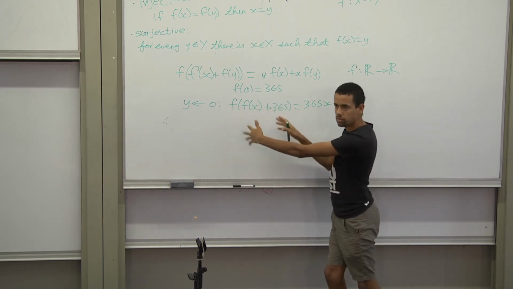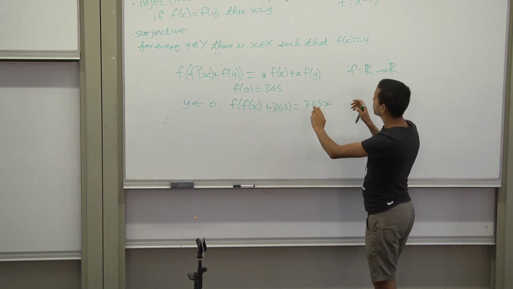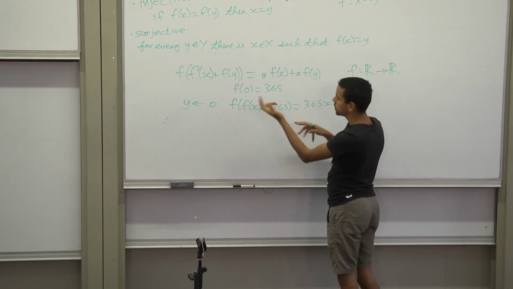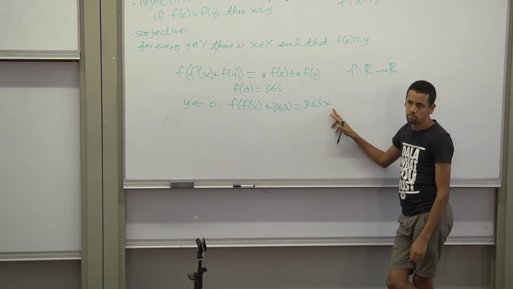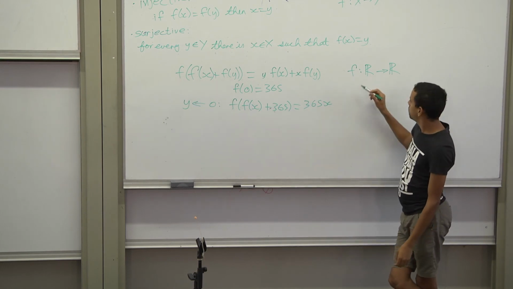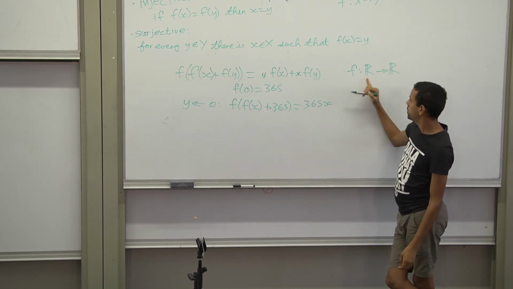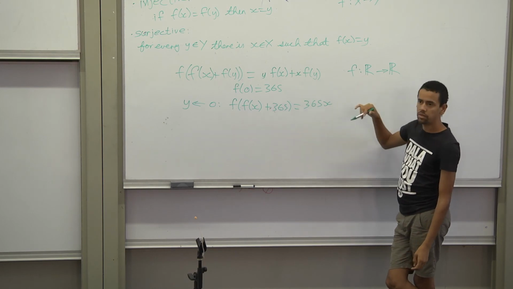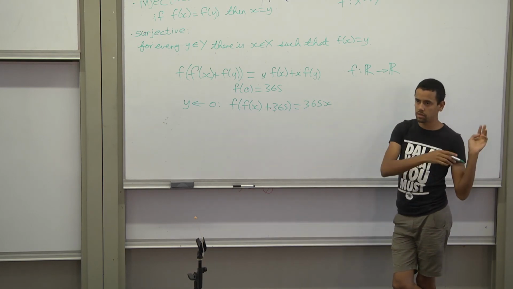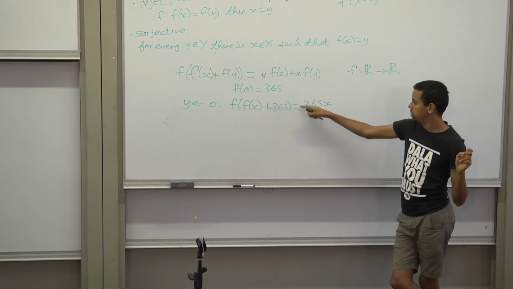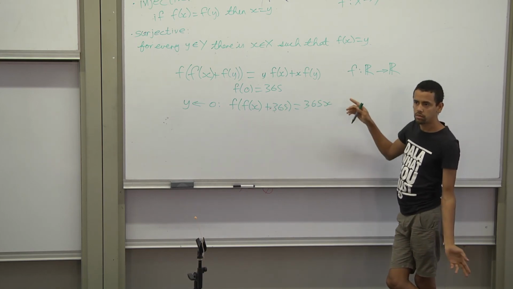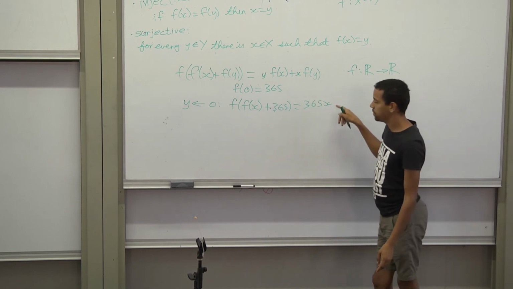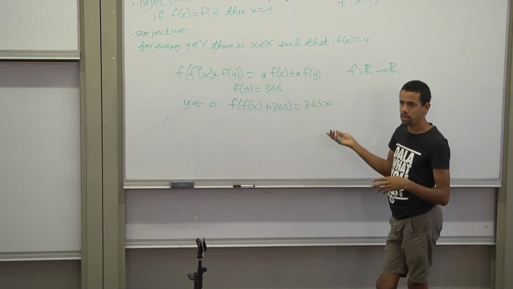This could be some complicated thing, but it's f of something. On this side, you have 365x. As x varies as a real number from negative infinity to positive infinity, which values does this take? All of them. 365x can take any real number value you want.